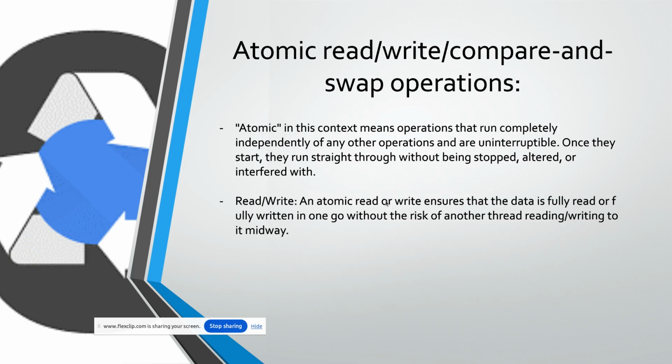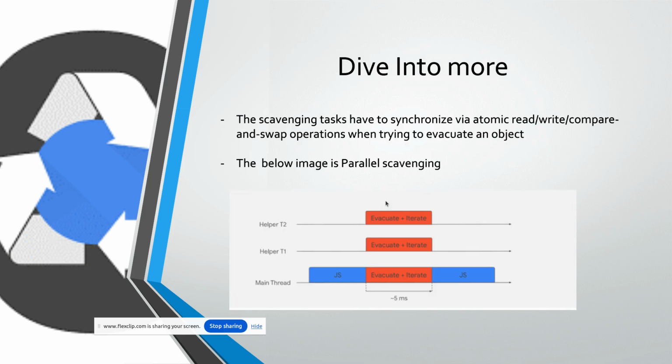So what is atomic read, compare, and those kinds of things? Atomic means an operation that runs completely independently of any other operations, and you cannot stop it. Which means that the synchronization is happening, right? So this is independent, so that means there's no conflict. You understand?